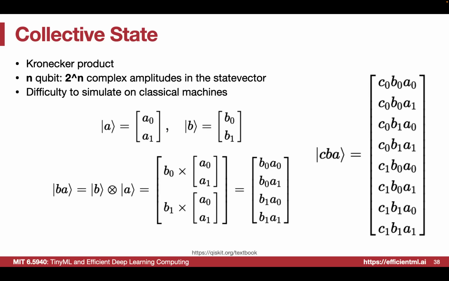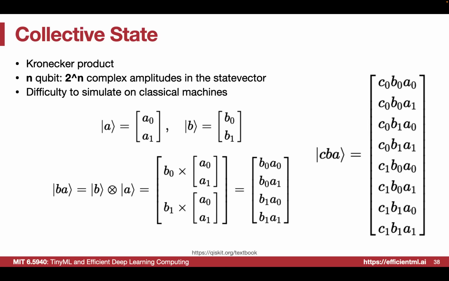Just like the 2 qubits, when we have n qubits, the state of them will be a Kronecker product between all of their states. Say we have one state A and another state B, and we are considering the joint state of those 2 qubits, then there will be B Kronecker product with A, right?